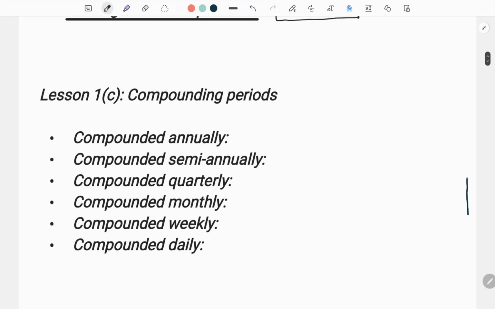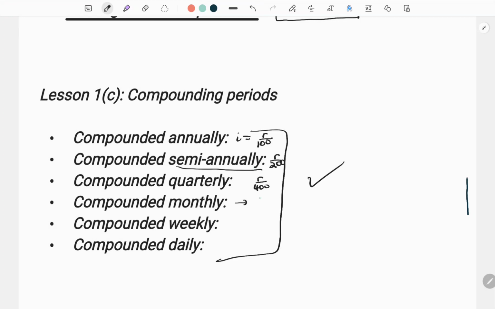I've already done compounding periods, so we are good here. Remember, compounded annually, you say I equals R over 100. You divide by 100. You divide by 200 for semi-annually. Quarterly you divide by 400. Monthly you divide by 1,200.